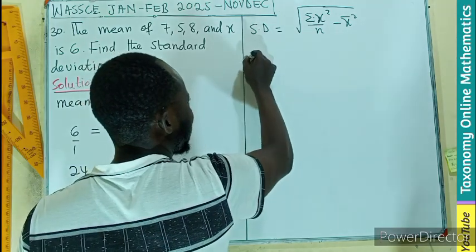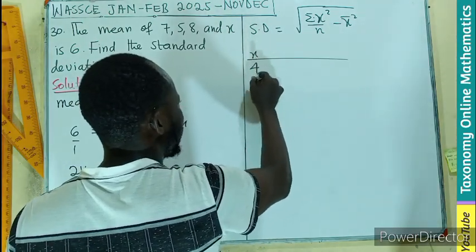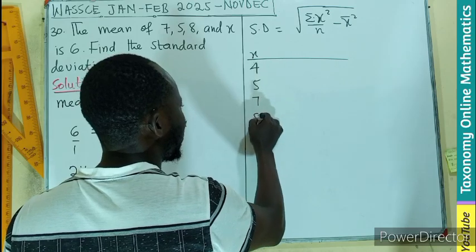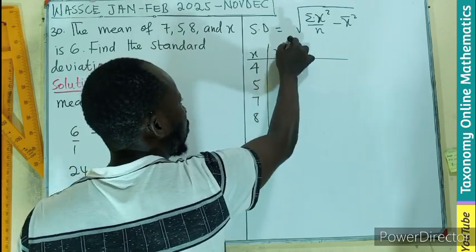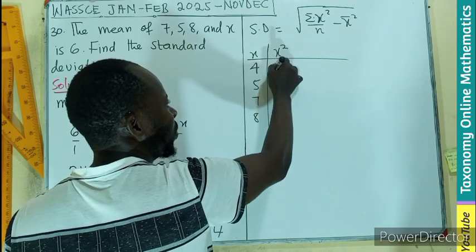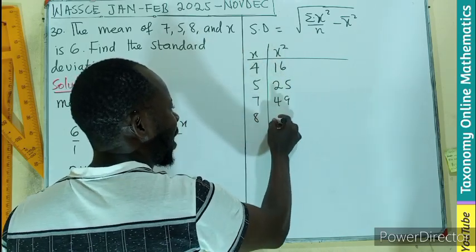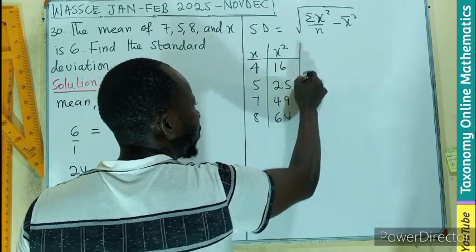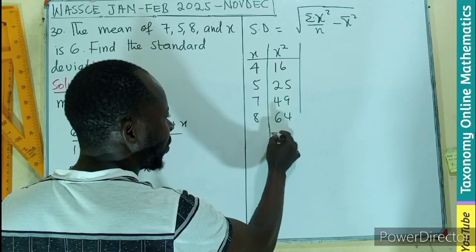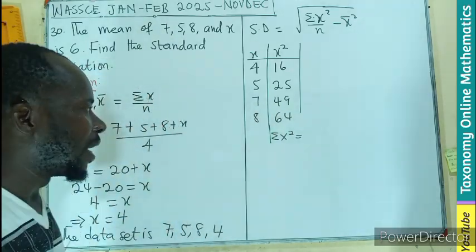Let me start from the smallest one: 4, 5, 7, 8. Squaring the values, we get 16, 25, 49, and 64. So here we are going for the summation of the x square, adding all the values together.